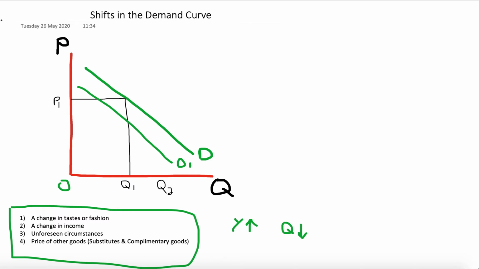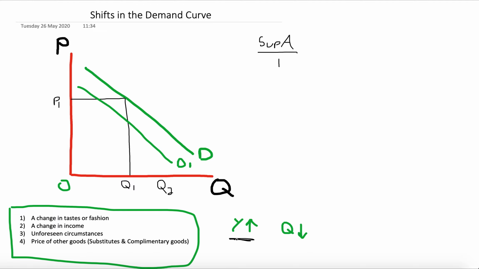Suppose we eat one box of, I don't want to name any supermarkets, but let's say supermarket A's brand cornflakes. When we're on €20,000 a year, we buy one box every week, and then we get a raise.